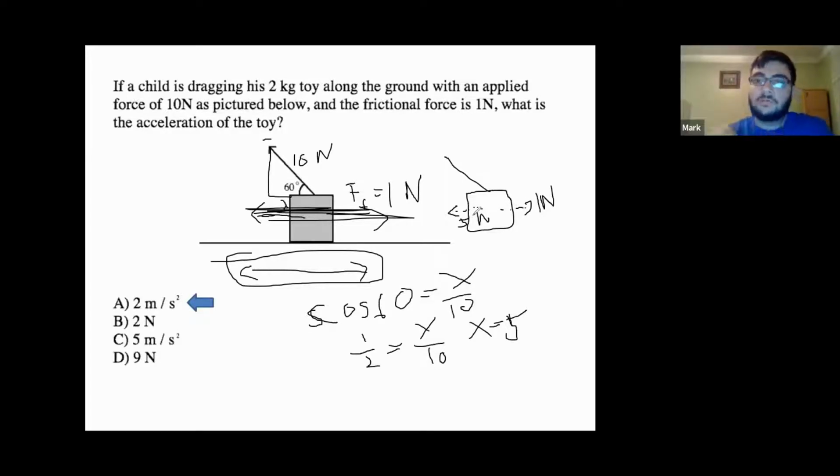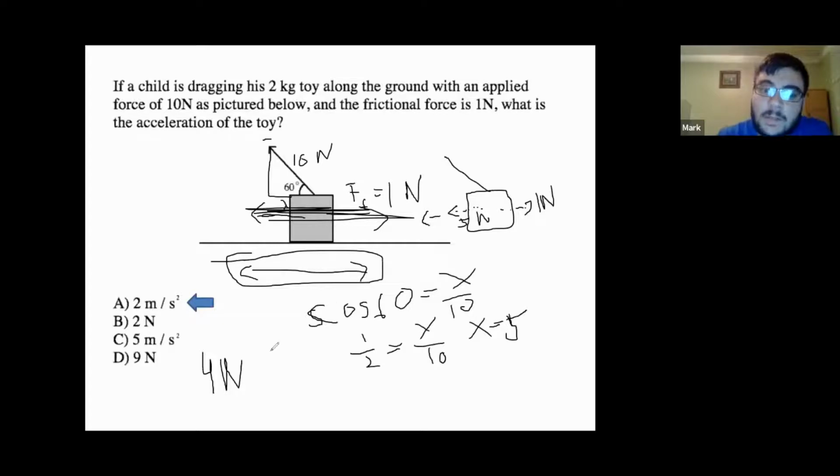Well, if it's going 5 this way and 1 this way, the result of these two together is just 4 in this way, right? So if you pull with 4 newtons and somebody opposes you with 1 newton, you're still in the end pulling with 4 newtons. So the total is 4 newtons. The net force in the x direction is 4 newtons, specifically to the left.